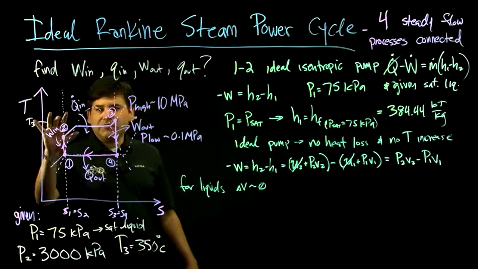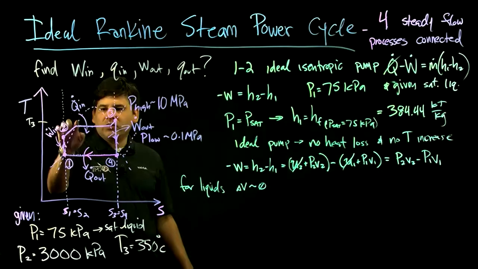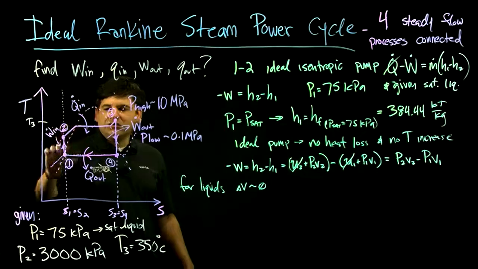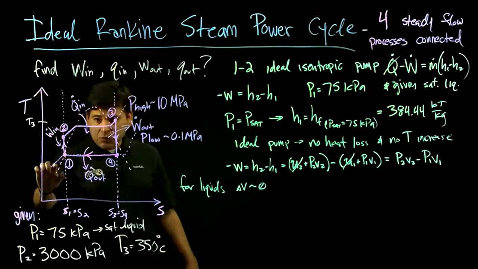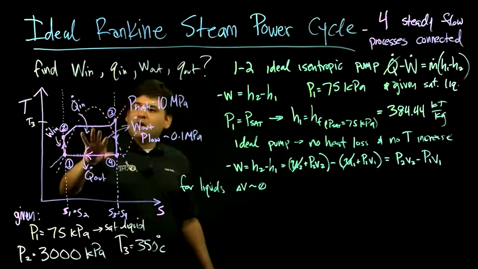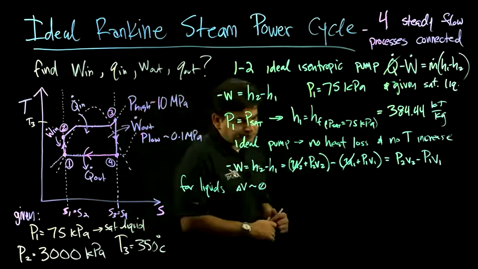It changes, but a very small amount, and that's why we can use this saturated liquid line. As long as we know the temperature, that will change the energy state much more than pressure or volume. Those don't change much. The temperature changes these values.